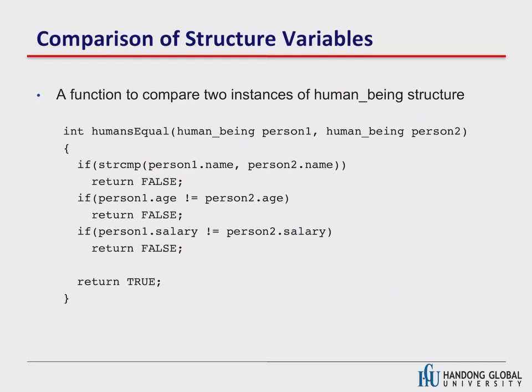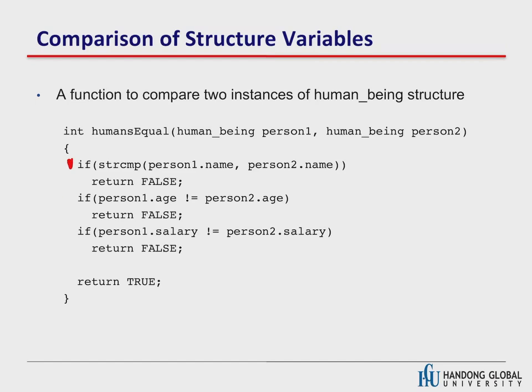Then what if we want to compare two structure instances? What if we want to check if person1 is the same person as person2? Then we have to implement a function to check all the data fields. We compare person1's name and person2's name, and person1's age and person2's age.